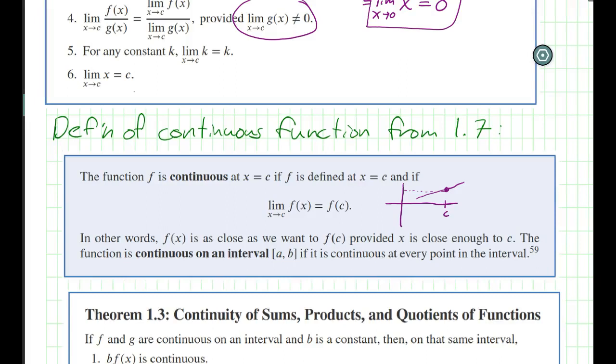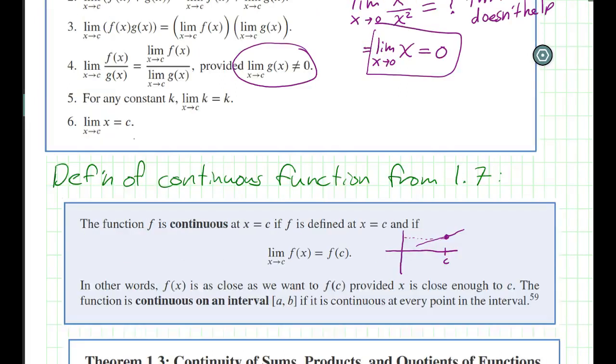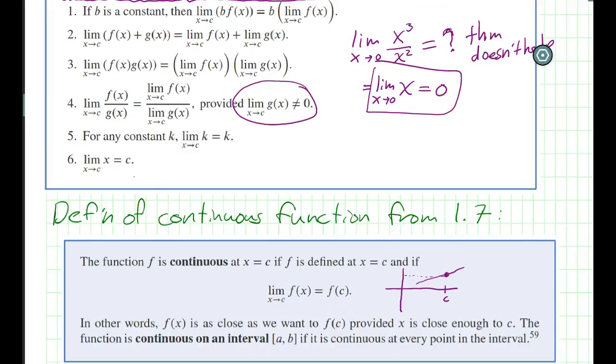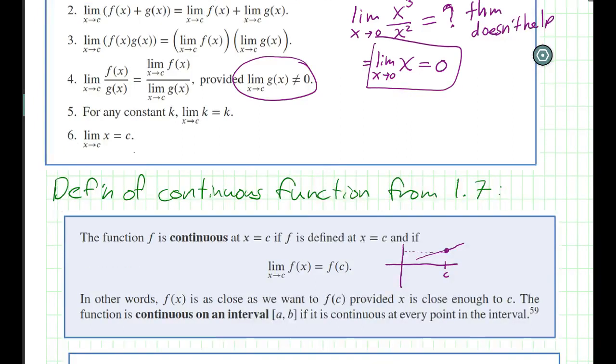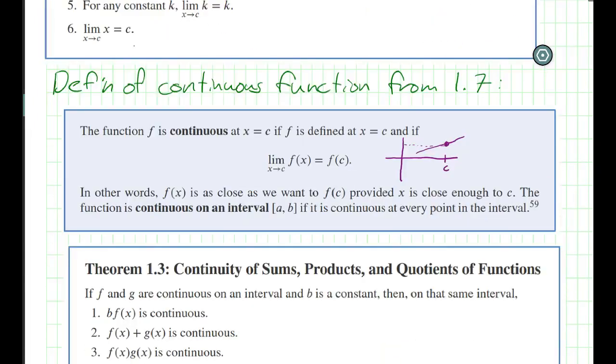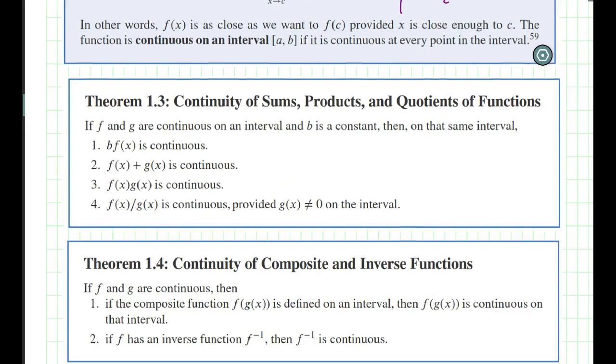So what this means is that you can apply these facts about limits that we just proved to show that functions are continuous. And I wanted to remind you of this because this is the way you can prove this next theorem if you wanted to. So, for example, with number 1, as long as f of x is continuous, that means the limit of f of x exists everywhere and is equal to the value of the function everywhere.